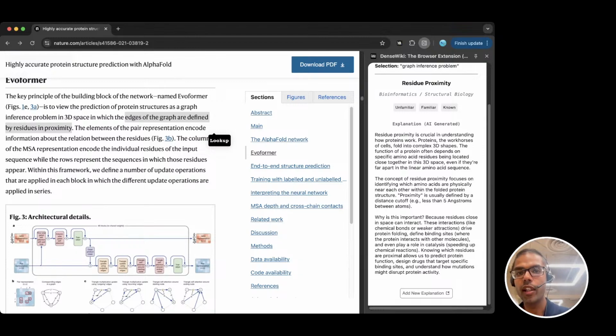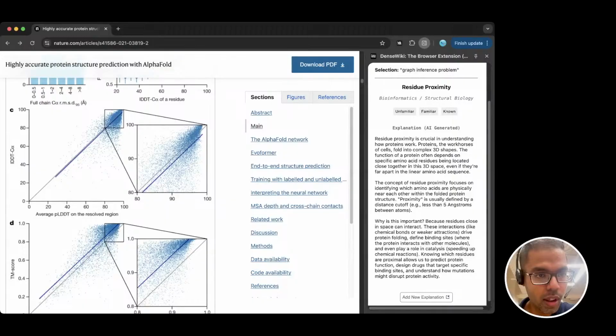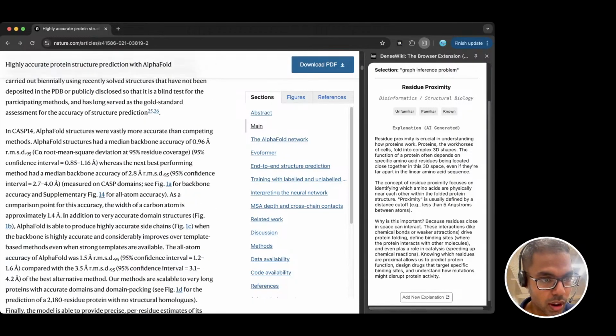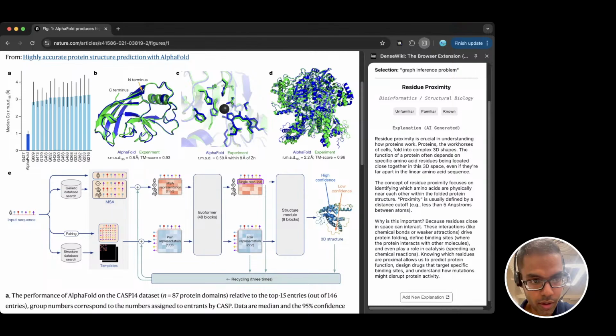So you take this linear protein input sequence, and now you need to figure out how to twist and turn this long string into a 3D structure, right?